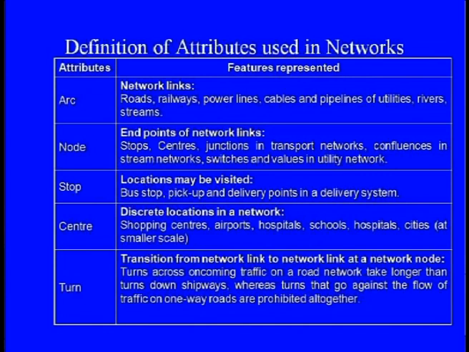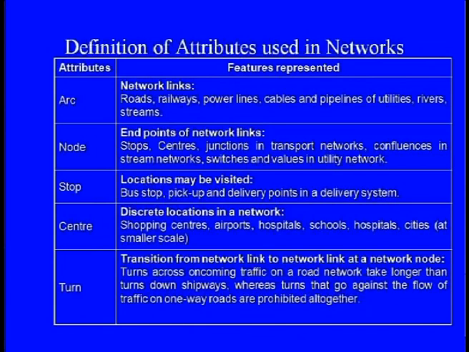The next attribute is stop, that is locations that may be visited, such as a bus stop, or a pickup or delivery point in a delivery system. Then center, that is discrete locations in a network, for example shopping centers, airports, hospitals, shops, schools, or cities at a smaller scale.